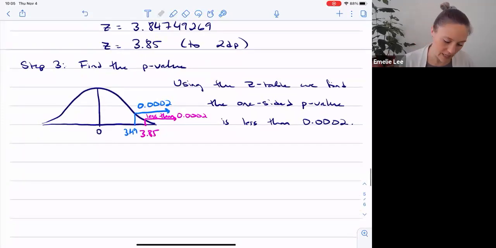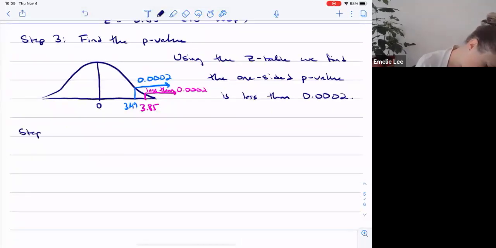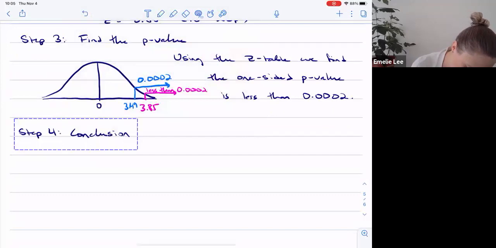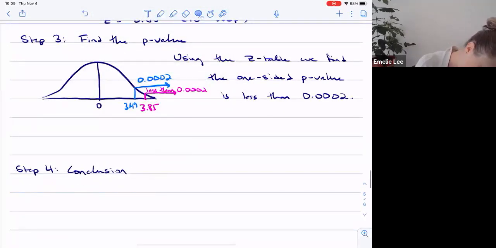So now for our conclusion, the most important part. Maybe I should say what it would be for a two-sided test.